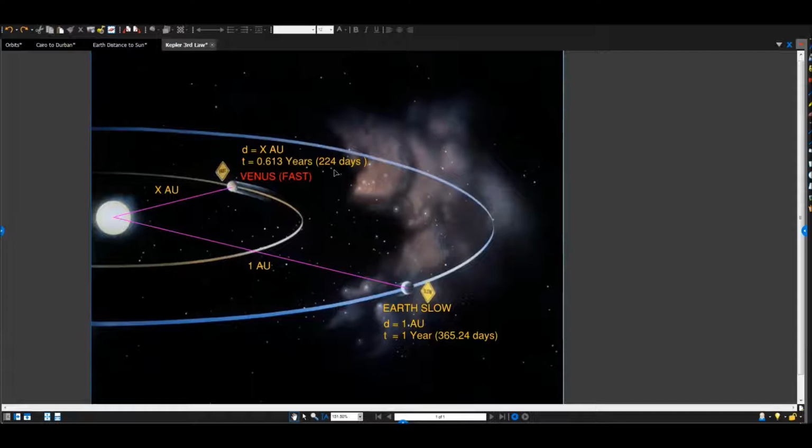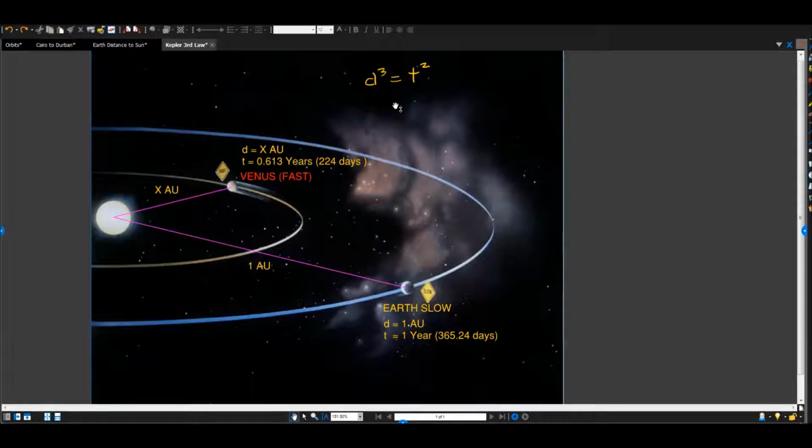Well, Johannes Kepler found that the distance cubed is equal to the time squared. The distance cubed measured in AU is equal to the time squared measured in years. So D cubed is equal to T squared.